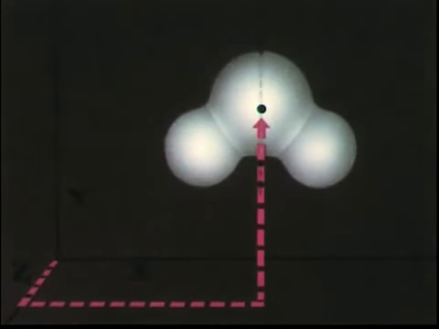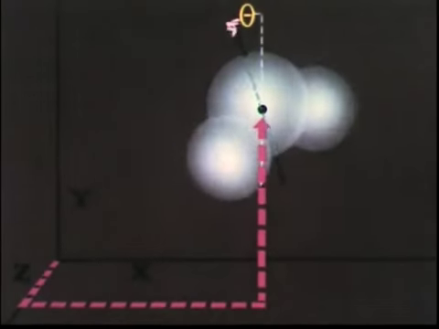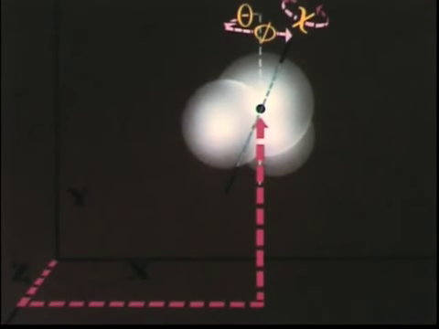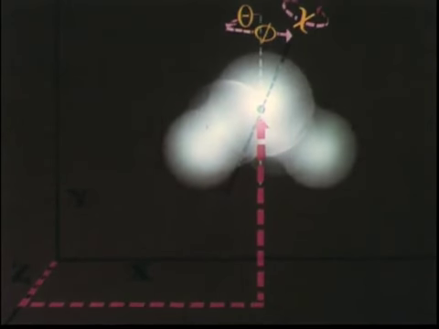Thus, 6 coordinates are needed to establish both the position and orientation of the molecule: 1, 2, 3, 4, 5, 6.